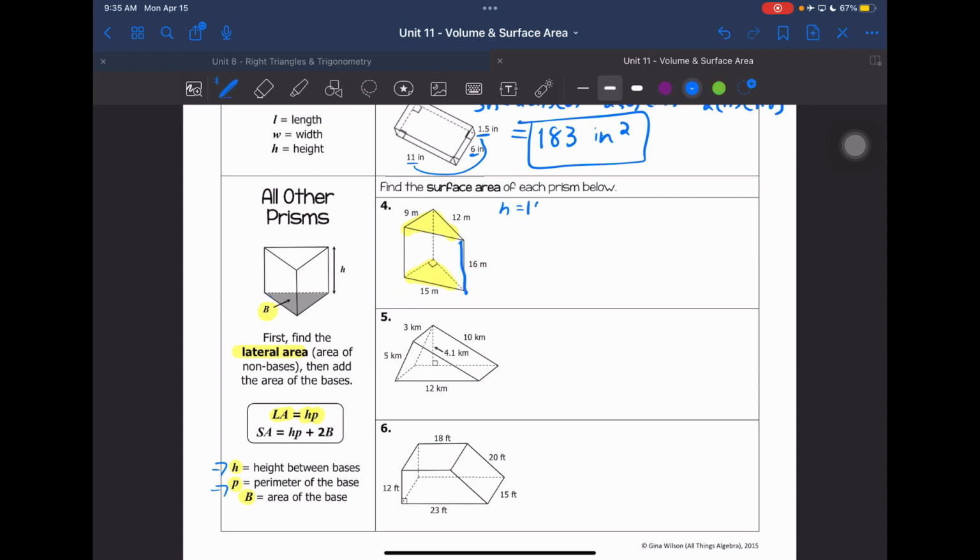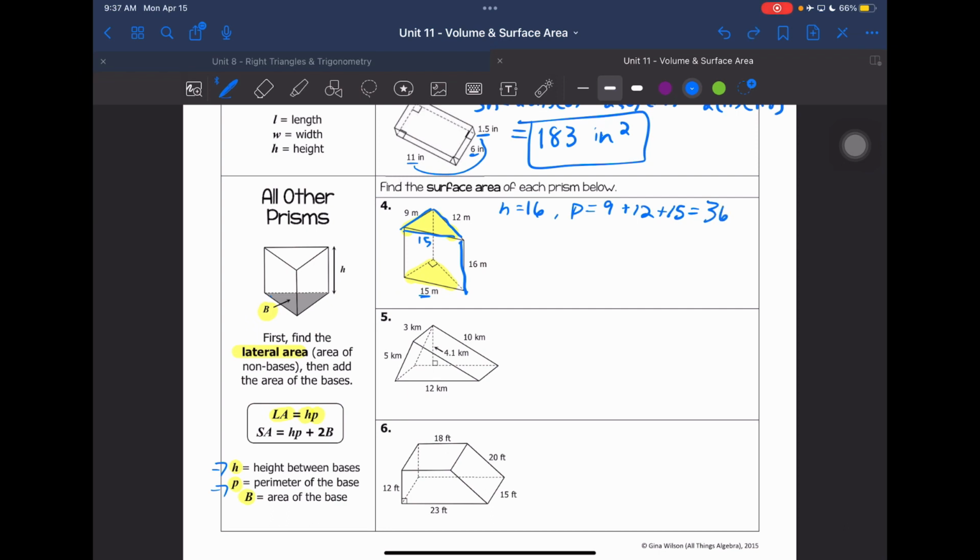So our height of the shape is 16. Then the perimeter of the base would be 9 plus 12, and then this side measures 15. We have to add all those sides together. That's how we find perimeter. So 9 plus 12 plus 15 gives us 36.